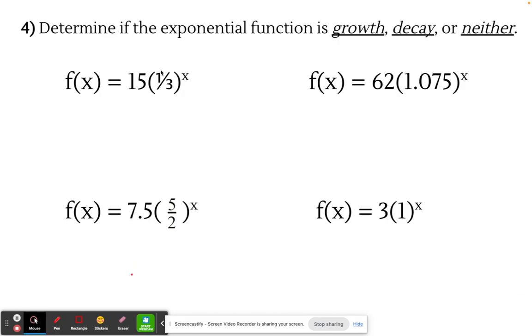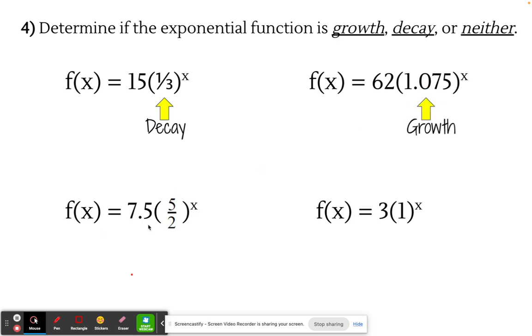Okay, now we want to decide if each one of these is growth or decay. If my value here in the parentheses that I'm raising to the power is less than 1, it is going to be decay. If this number is greater than 1, it will be growth.